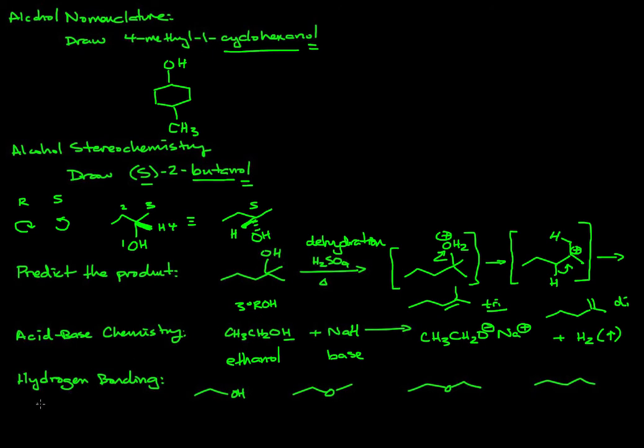Finally, our fifth question is asking us about hydrogen bonding. So if you were given these four compounds and asked which one can both accept and donate a hydrogen bond, you need to recall that the only situations where that's possible are when the molecule has an OH, an NH, or HF, which is its own unique compound.